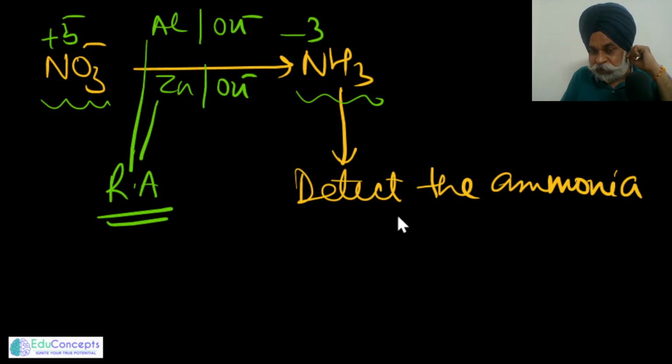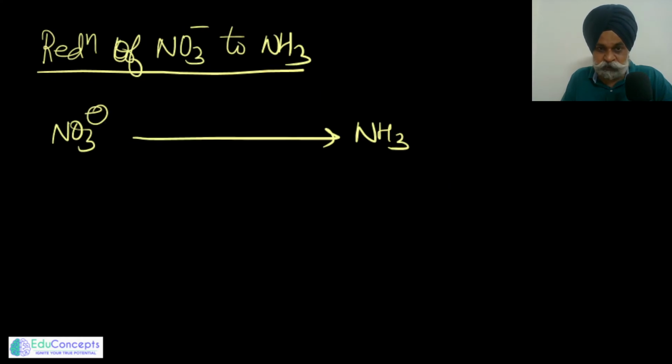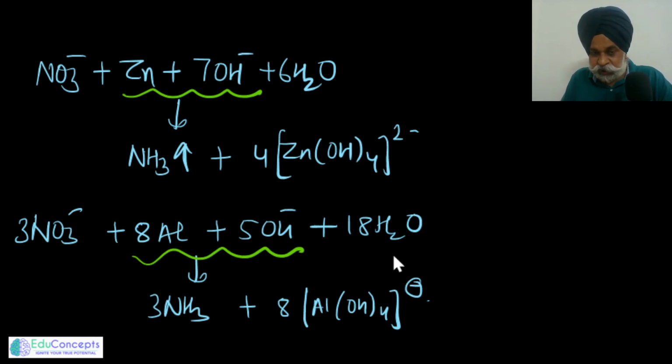Then ammonia can be detected, and ammonia turns Nessler reagent brown. That is one of the tests of ammonia, and there are 2-3 ways by which you can detect it. So there are two reducing agents you can mark here: zinc in alkaline condition or aluminium in alkaline condition. Balancing again is not required.